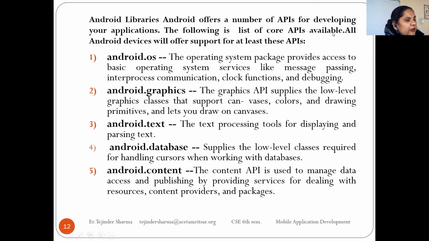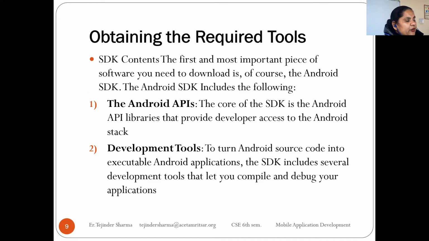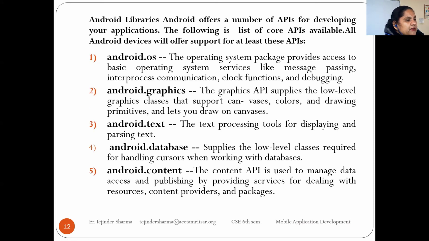So these are the core libraries I mentioned in the first part, the Android APIs. These are the Android APIs which help you to develop your application. These are the core APIs available. First is Android.OS. OS stands for operating system. This is a package which provides access to the basic operating system services.